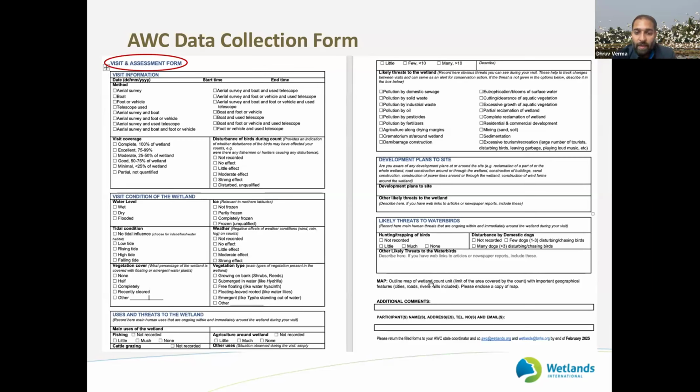Now the very important thing is the map. It says outline map of the wetland count unit. This is, I think, one aspect we are still dealing with our colleagues from Bird Count India and others, because from eBird we usually get a point location or maybe the route that you have taken, but eventually, as I presented earlier, it is important for us to know which polygon, or which area, is being surveyed, because at times for bigger wetlands, maybe you are not covering the whole wetland.